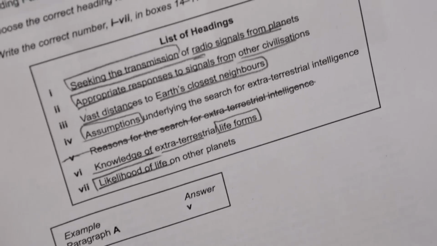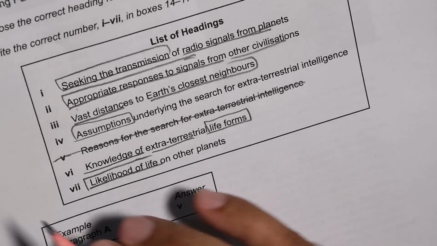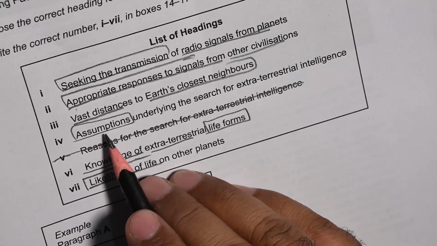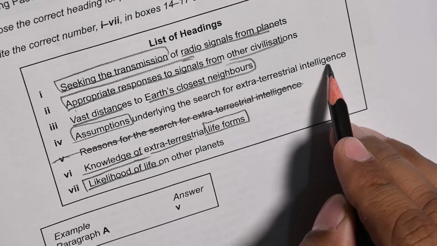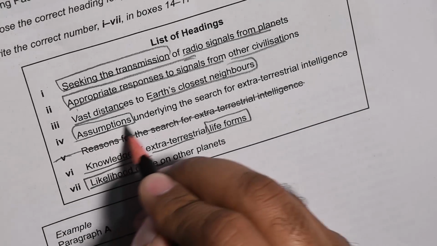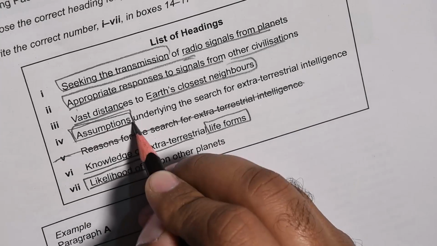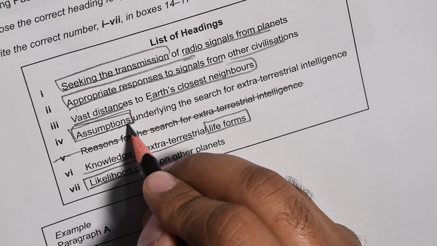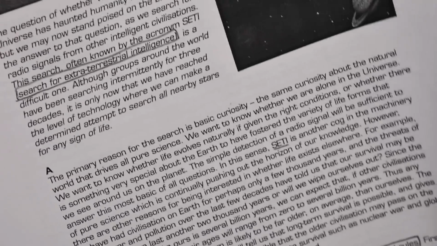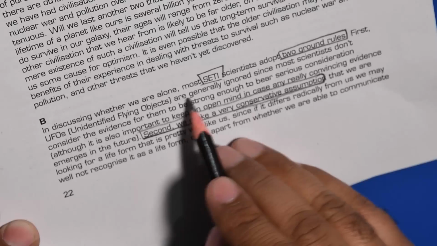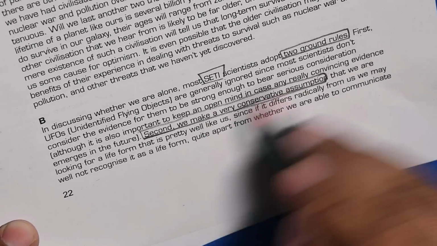Yes, assumptions underlying the search for extraterrestrial intelligence. By the way, I picked it from this word, assumptions. It is plural. There could be 2, there could be 3. And there they say, first, UFOs, unidentified, are generally ignored. So this is one assumption.